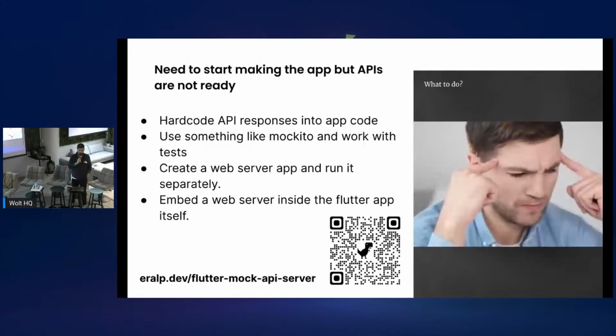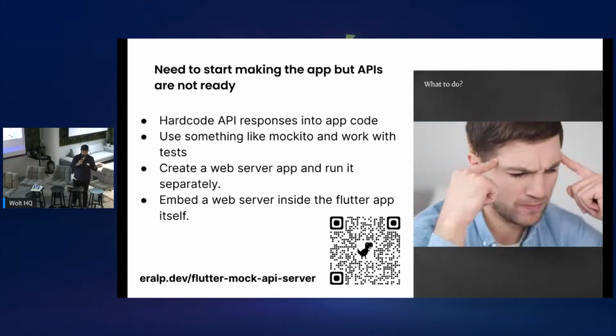I initially thought about making a web server on the side with Node.js or something, or I could figure out something else. For example, hard coding the API responses into the app code, or I could use something like Mockito for mocking the API responses in tests, but then how would the end user see the responses in the UI?